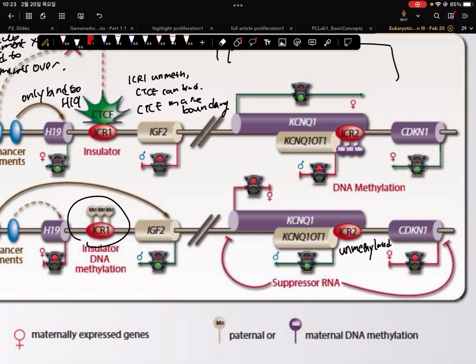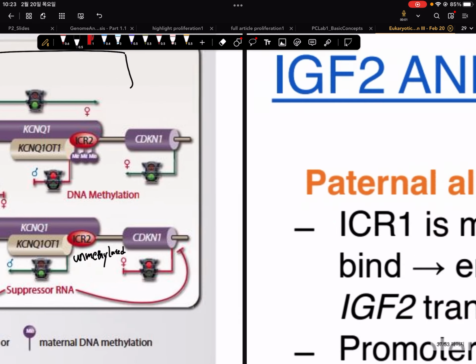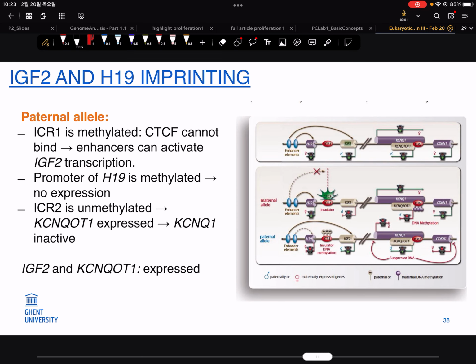So, that was on the next slide: on the paternal allele, ICR1 is methylated and ICR2 is unmethylated. The methylation pattern of the imprinting control regions determines which genes are active at a specific locus. And that leads to those specific expression patterns where you see completely the opposite between the maternal and the paternal allele.